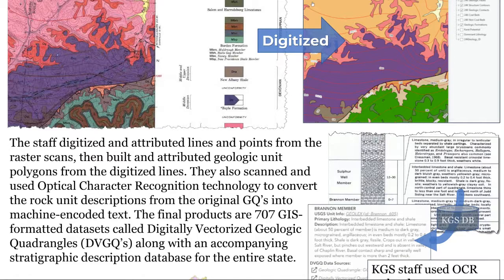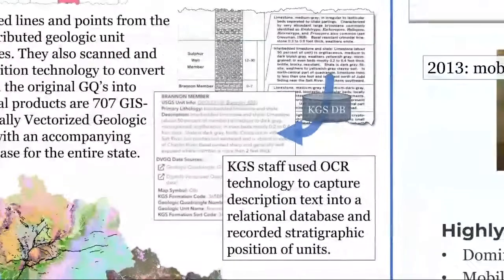At the same time, we also made the decision to scan the stratigraphic descriptions from each stratigraphic column on the sides of the map. And we used OCR to import those descriptions into the KGS SQL relational database. Then we used the database and the attributes of the GIS features to preserve the stratigraphic position of the descriptions.